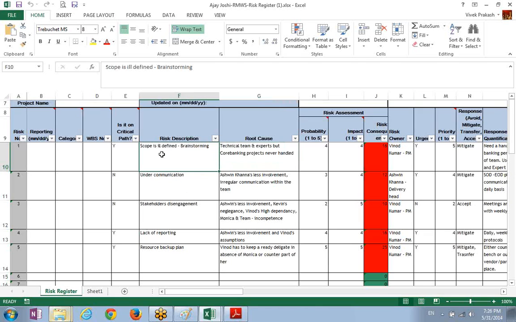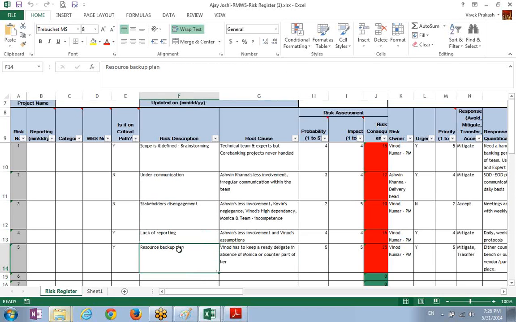I don't know, because there were no facts in the case study actually indicating this. Under communication, this is quite possible because later we moved into problems. It means the communication was a problem. Stakeholder disengagement, that is also right. Lack of reporting, yes. Resource backup plan is to keep delegates ready in the absence of Monica or a counterpart of her.